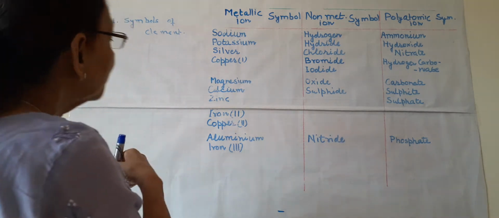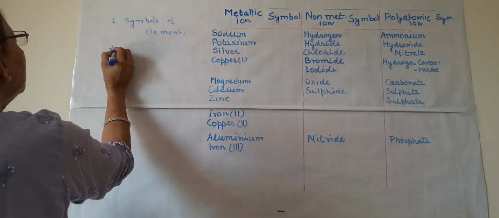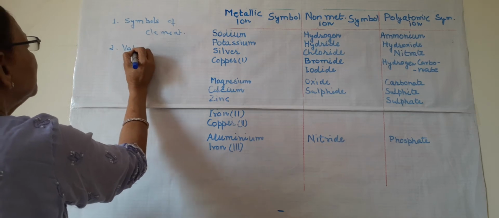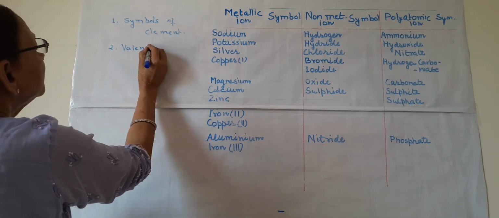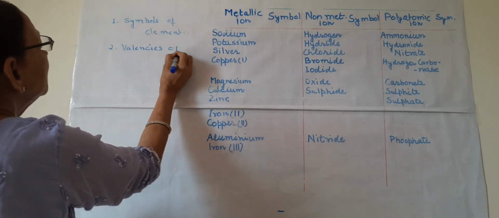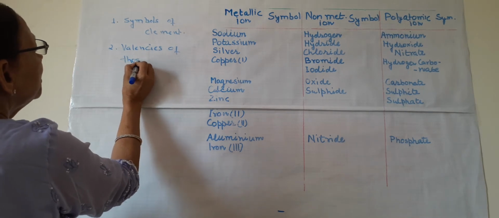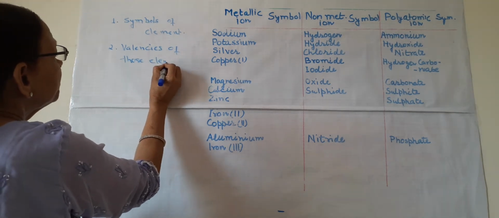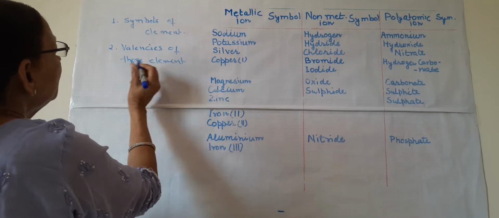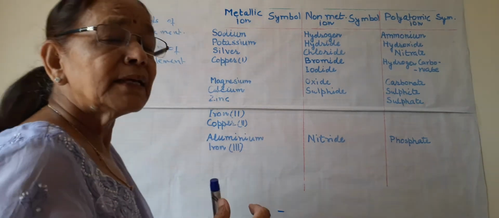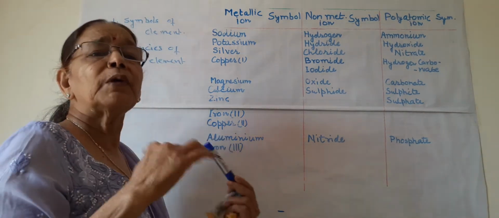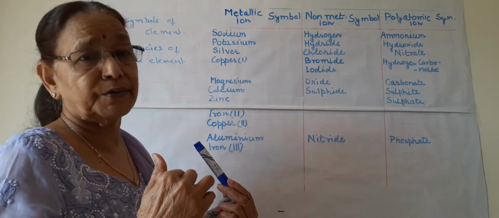This is the first requirement, and the second important requirement is we should know the valencies of those elements. This is most important. And for knowing the valency, the simplest way is to memorize all the valencies by heart.